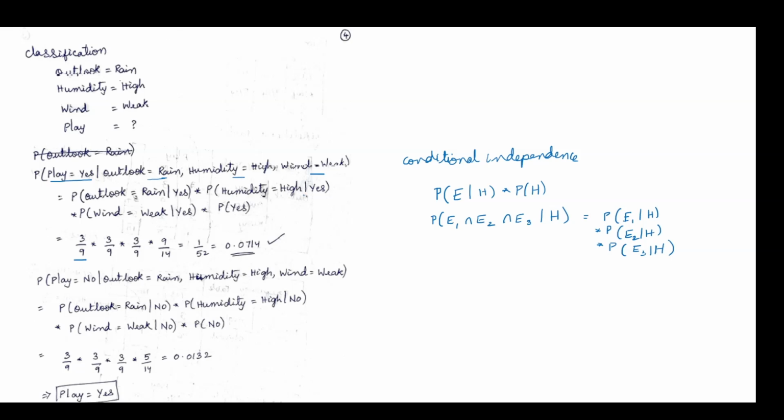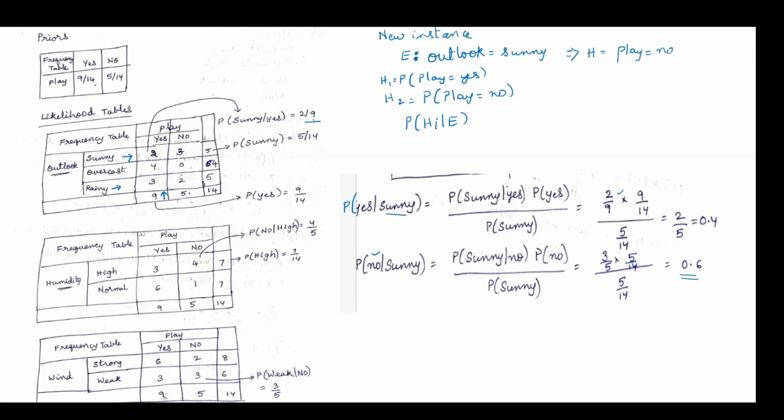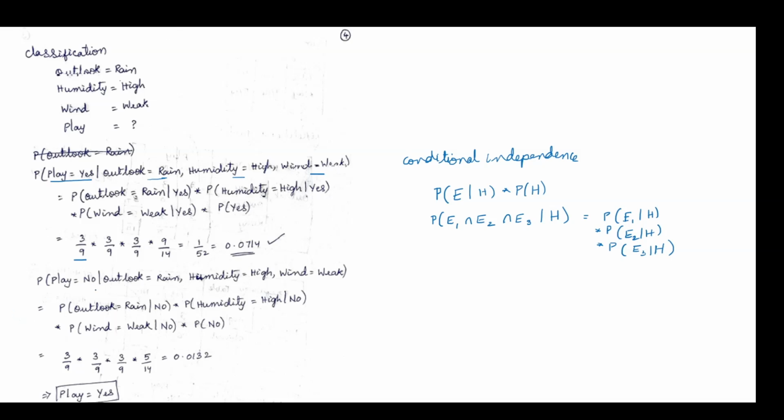Probability of humidity equal to high given yes. So that is 3 by 9 again. Coming back, this is 3 by 9 as well.